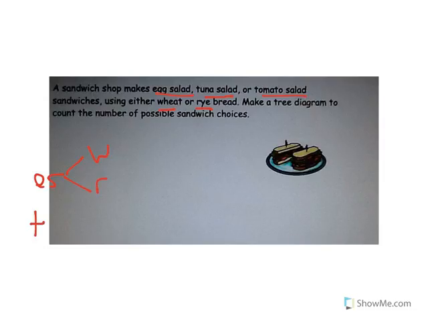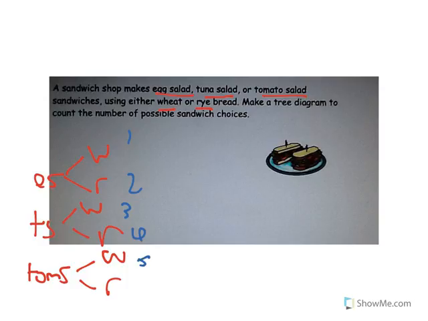Then you can have tuna salad on wheat or rye, and then you can have tomato salad on wheat or rye. And if you look there, there's a grand total of 1, 2, 3, 4, 5, 6. And again, that makes sense because there's 3 times 2 choices.